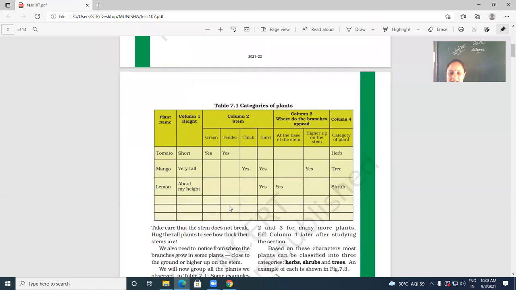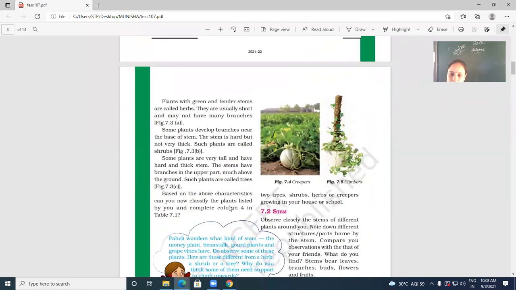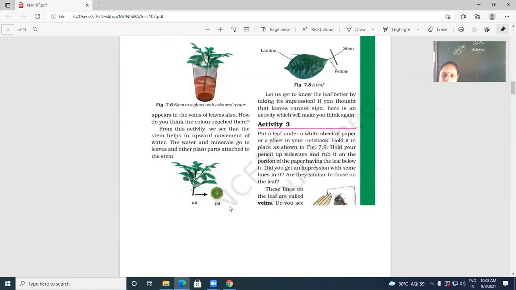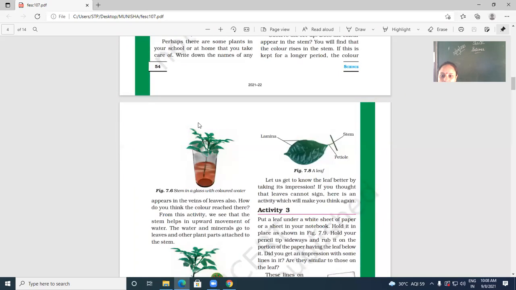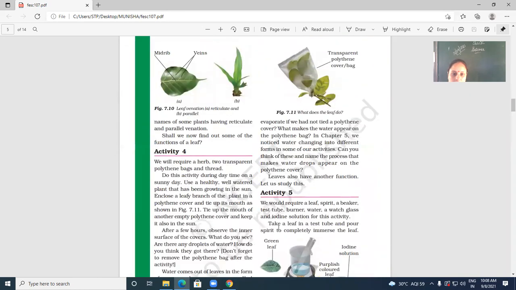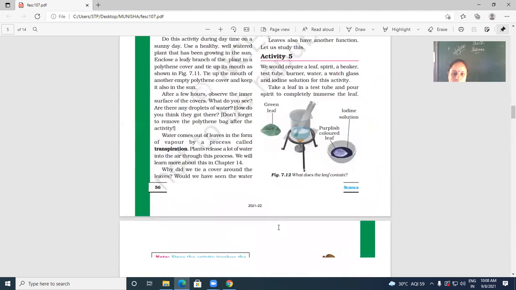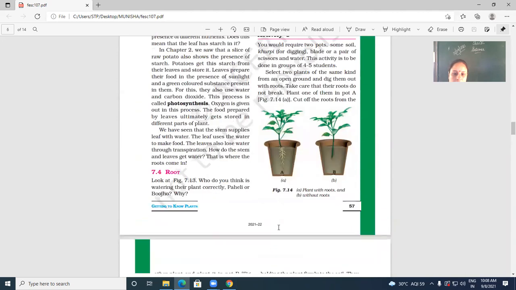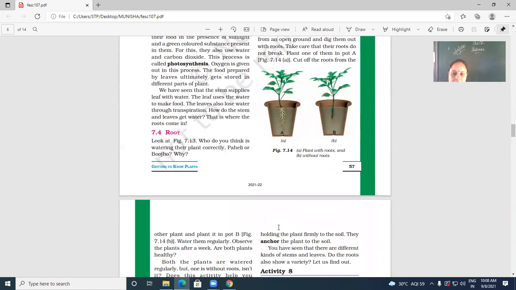Okay, so they are asking for a leaf, a taproot, and a flower. Okay, for the leaf, you will draw this figure 7.8. Okay, for the taproot, here.